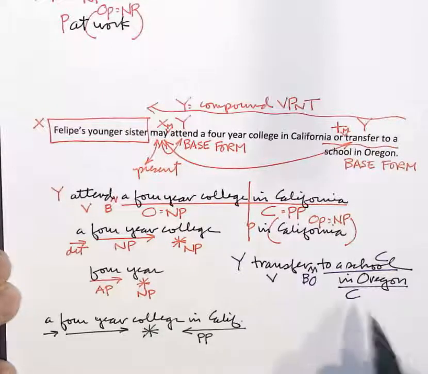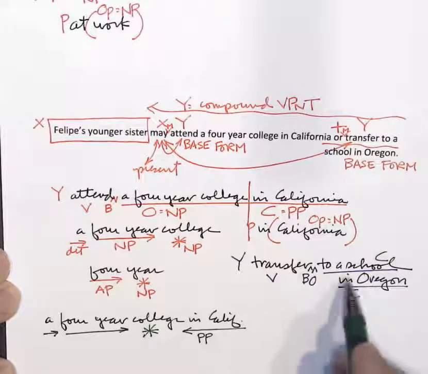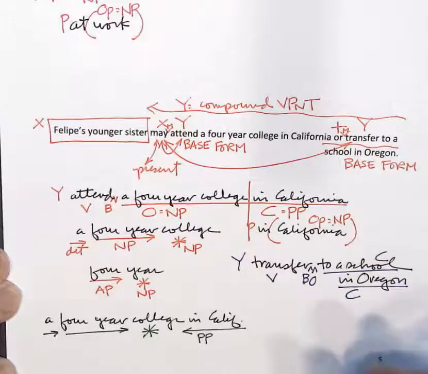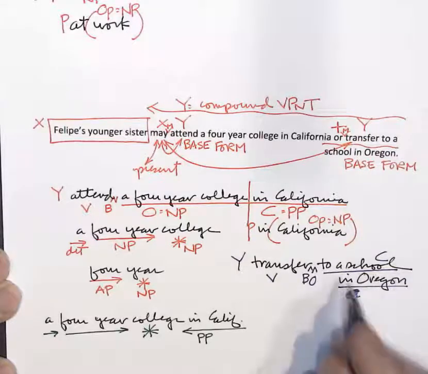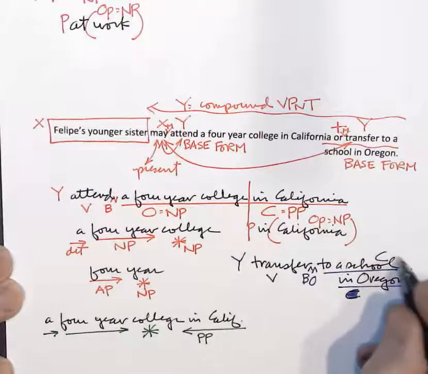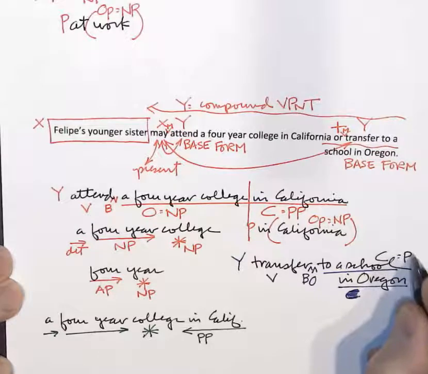Actually, when I look at it that way, I kind of prefer that. And so why don't I do this? Let's take out this second complement and we'll keep it all together. I think that that's going to kind of fall apart a little bit better. So then we'll look at our complement is a prepositional phrase.